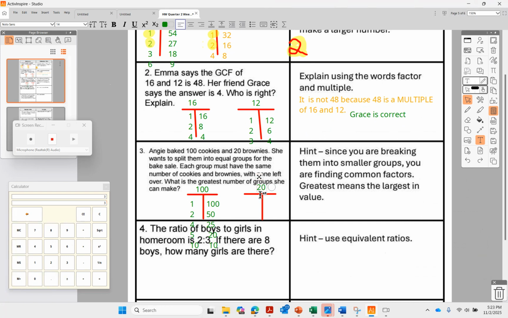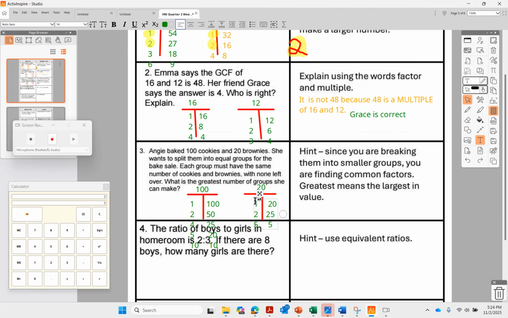Okay? So for the equal number of brownies, let's see, 1 times 20, 2 times 25, 3 doesn't work, 4 doesn't work, 5 works. Okay?